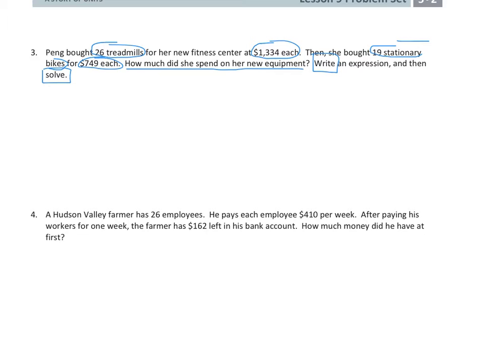So we're going to start by saying, okay, if she's getting treadmills, she's getting 26 of them, and then each of them is $1,334. So we would multiply that first.